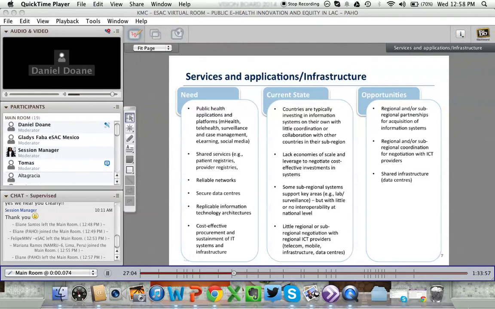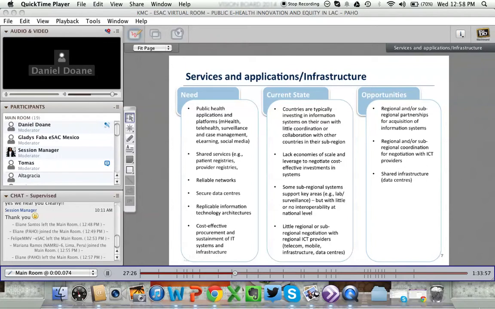We also need to think about shared services, things like patient registries or provider registries. These are enabling systems that provide the basis of core pieces of information, no matter what the particular eHealth system might be used to facilitate. We need reliable networks. We need things like secure data centers.